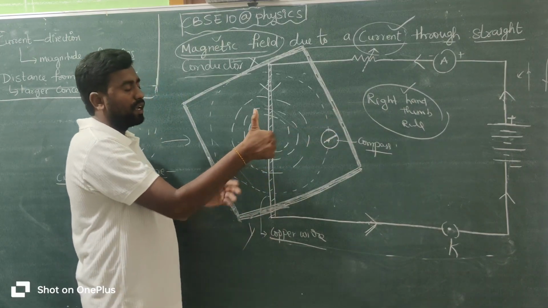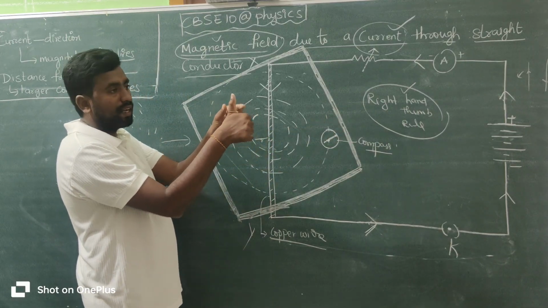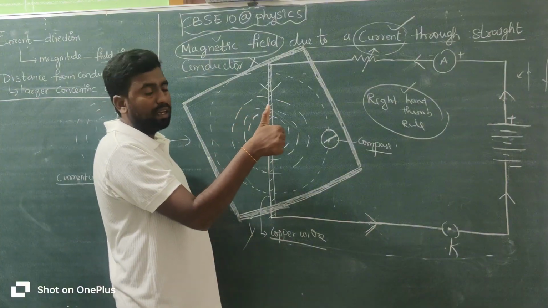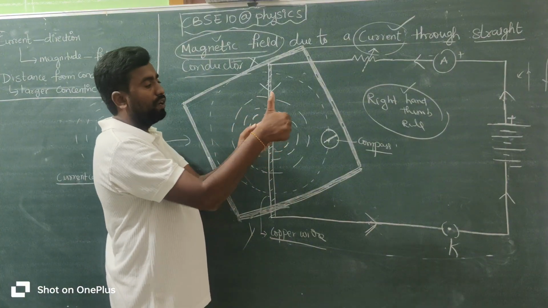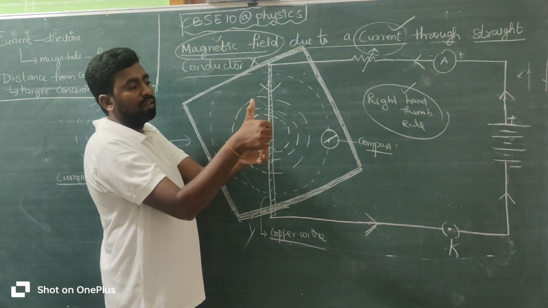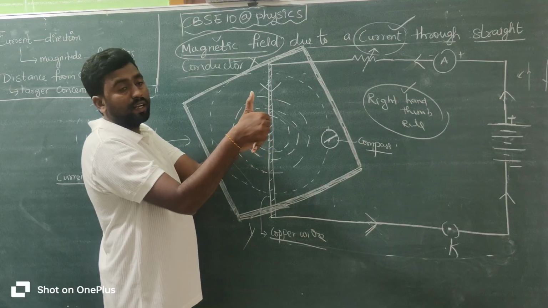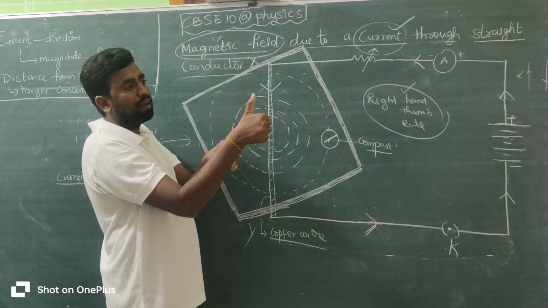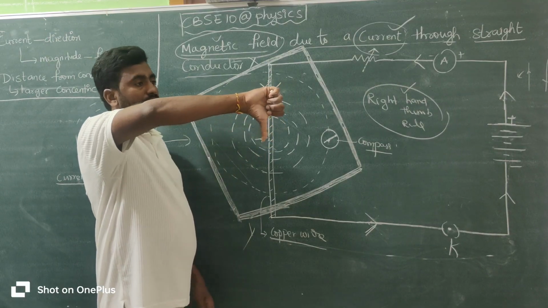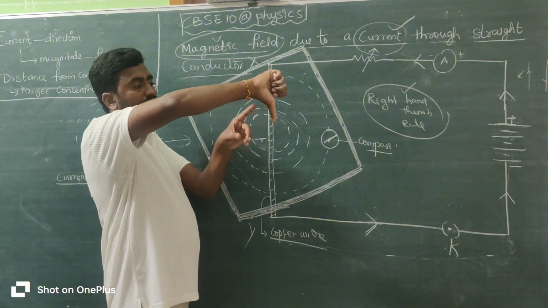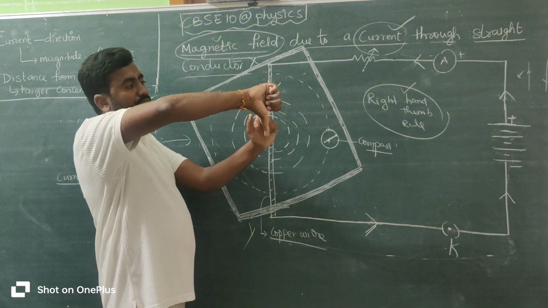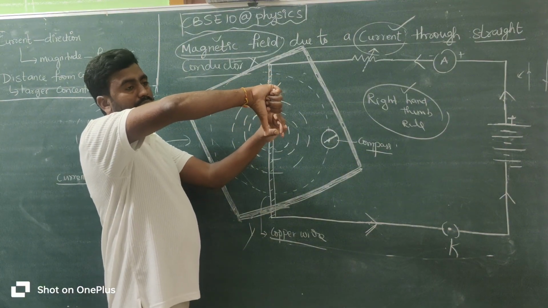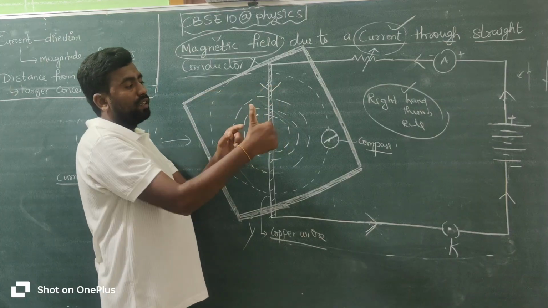When the current is flowing upward, the thumb represents the direction of current and the fingers represent the direction of magnetic field. When the current is flowing upward, the direction of magnetic field is anti-clockwise. When the current is flowing downward, the magnetic field is clockwise.